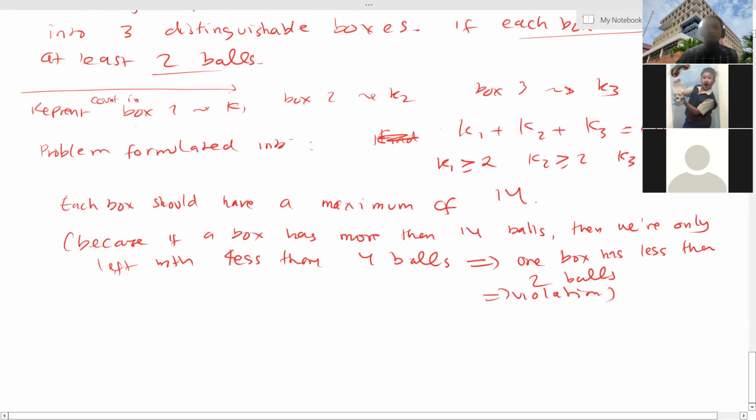So that means each box should have a maximum of 14.